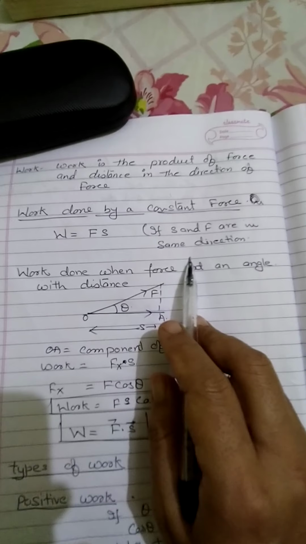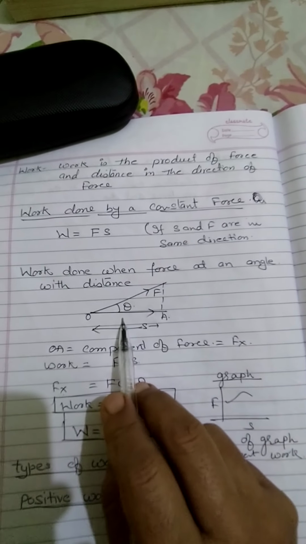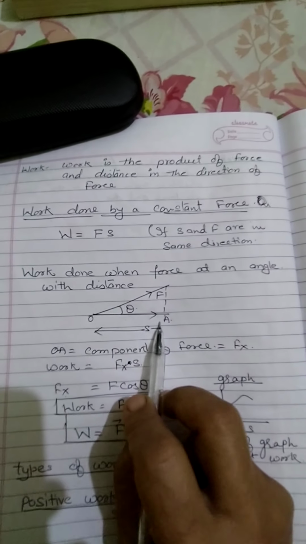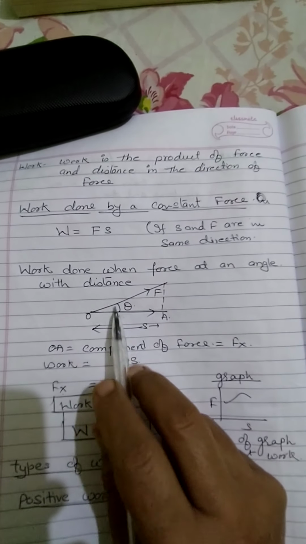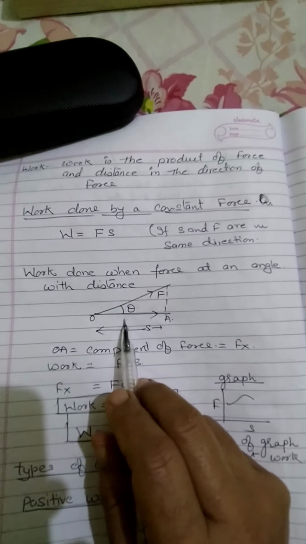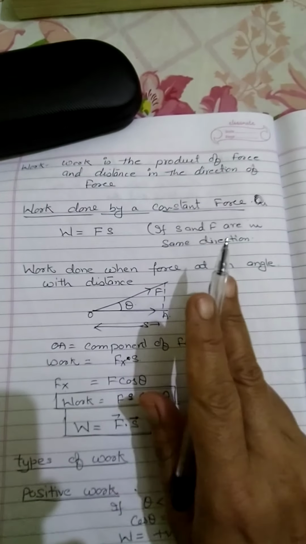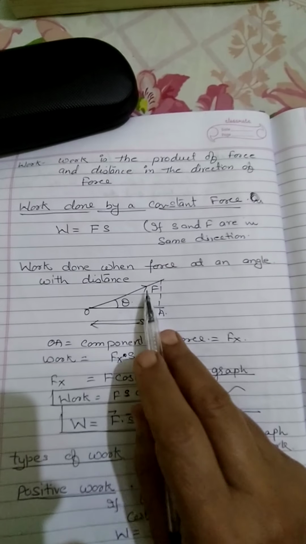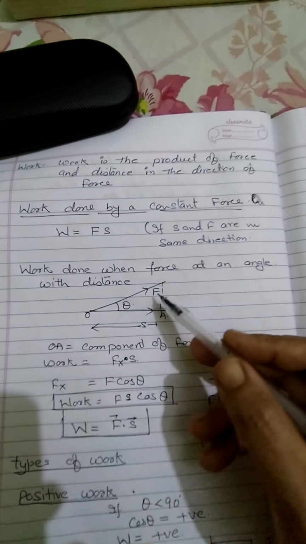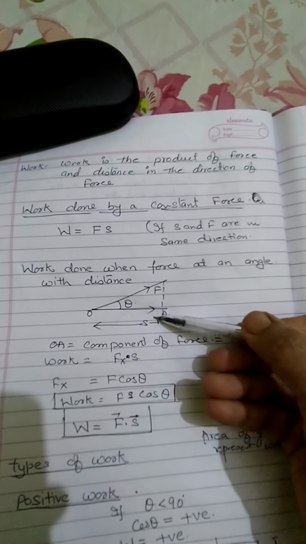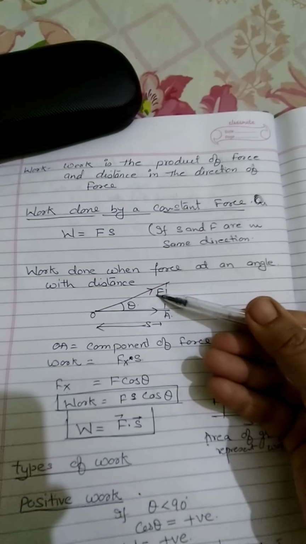If they are not in the same direction but they are making an angle theta with each other, force is in this direction and displacement is in this direction, then we have to calculate the product of force and displacement which are in the same direction. That means either we have to resolve this force along the displacement or we have to resolve this s along the force.